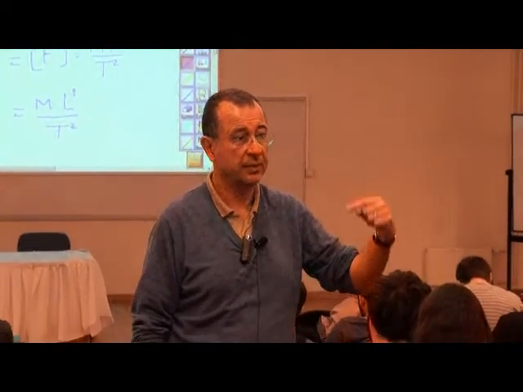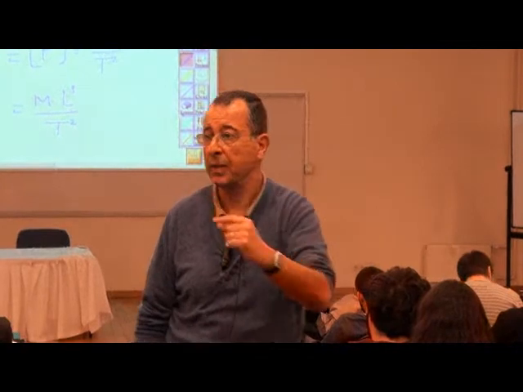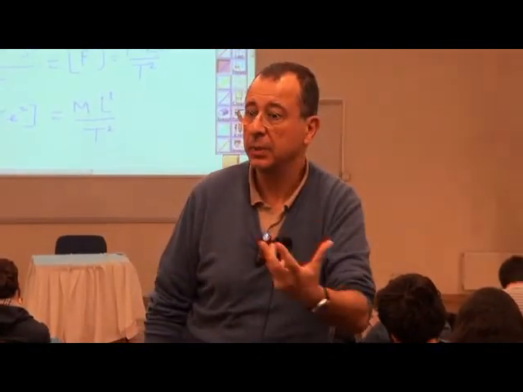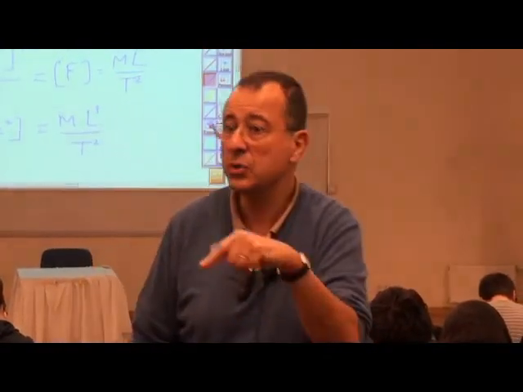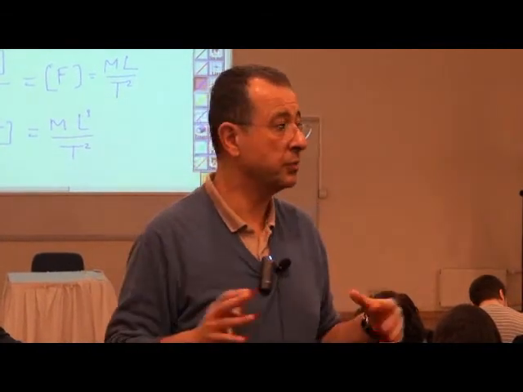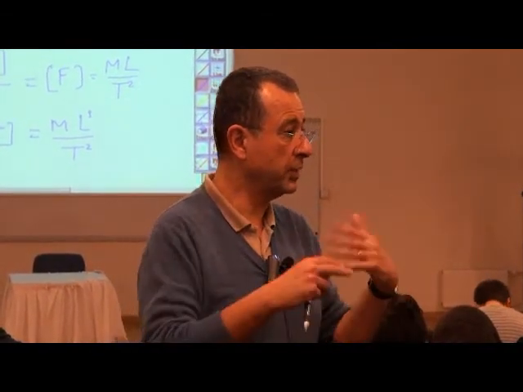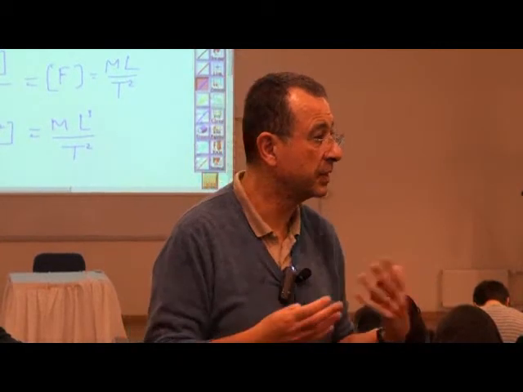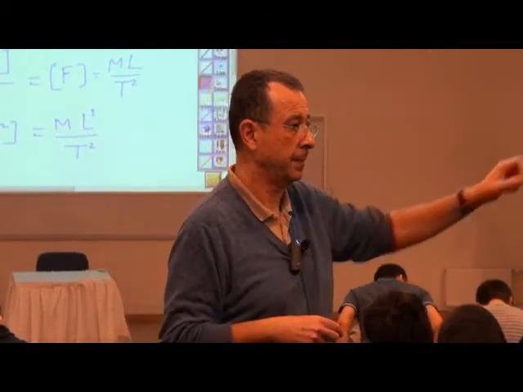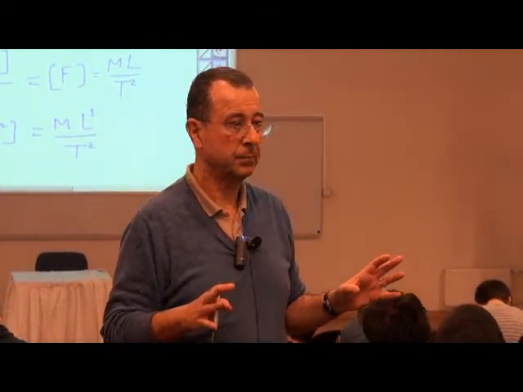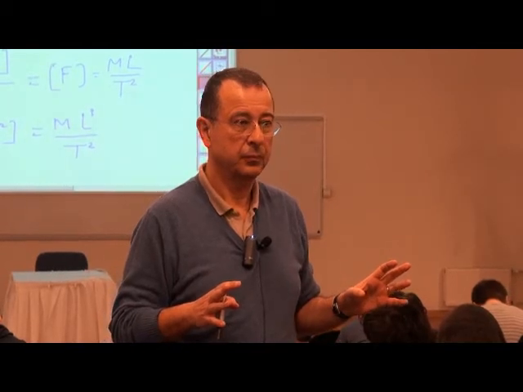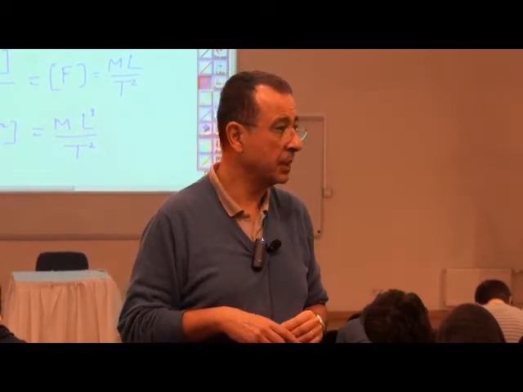If you can find a combination of experimentally measured fundamental numbers, which turns out to be itself without units, without dimensions, then that combination must be really fundamental. It must tell us something important about nature itself. We'll see what it tells us.